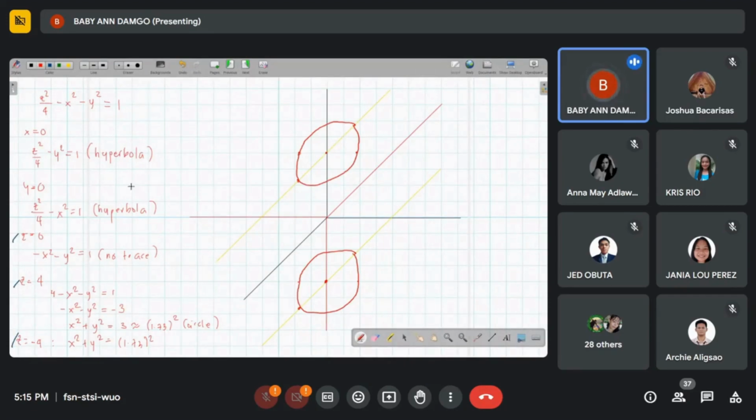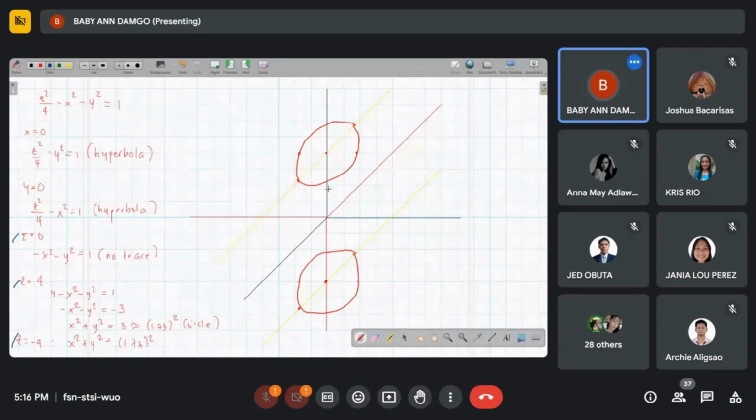Okay, next, when x is 0, the result is a hyperbola. So we have z squared over 4 minus y squared equals 1. The graph is along the z axis.